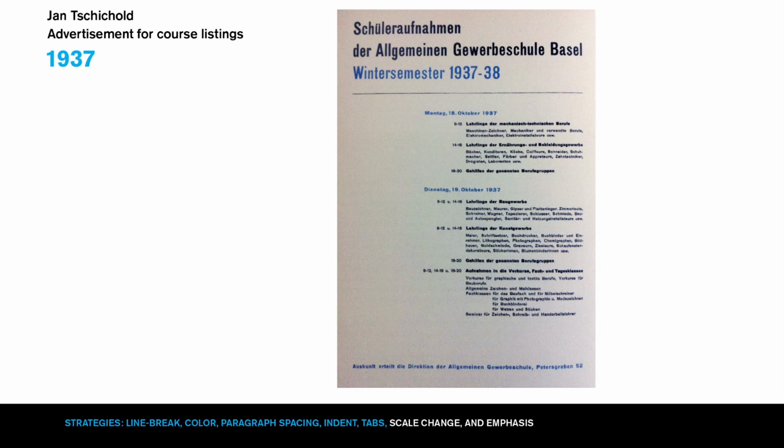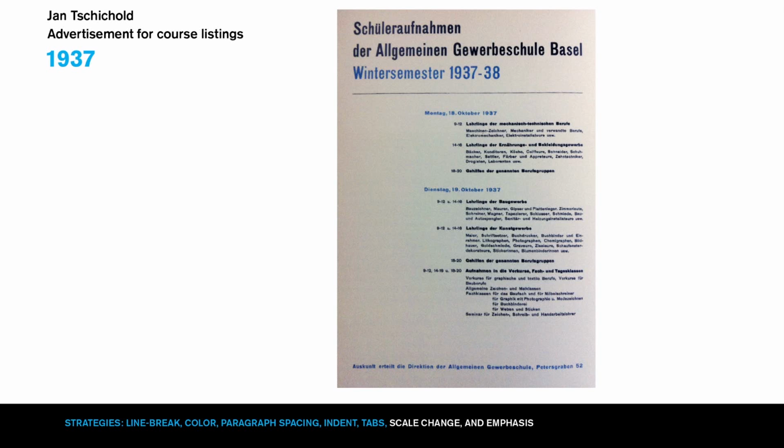This is an advertisement for course listings at a college. I can't read German, but I can figure out enough of these words to determine that. And what I think is interesting is that you can see relationships between information pretty quickly. We have this thing, and then Basel, if I'm pronouncing that right.